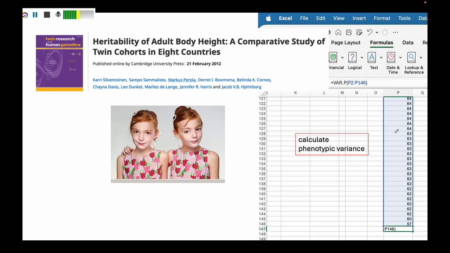Okay, it doesn't really help the student understand what variance does compared to just calculating it by hand. But we definitely want to build our students' confidence in working with data and using tools like Excel to do that. And this gives us an opportunity to show them you can calculate variance from our data.